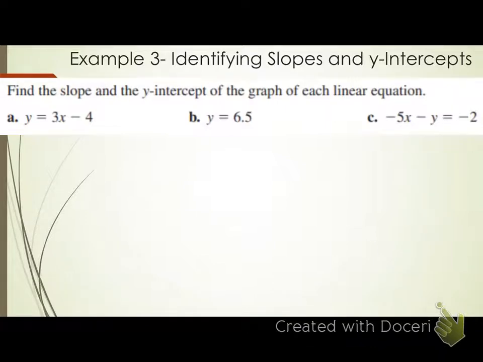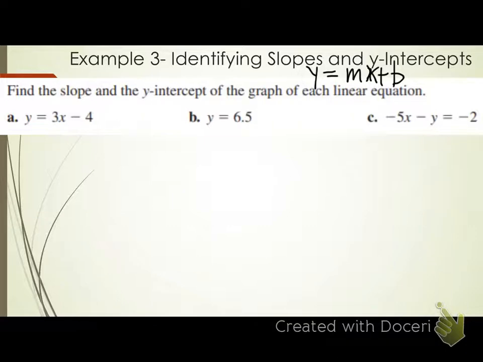Which is called what? Slope-intercept form. I probably want it in slope-intercept form to easily identify the slope and the y-intercept. Because remember, slope-intercept form, if it's in that form, my slope will always be multiplied by x. My y-intercept will always be that number without a variable.